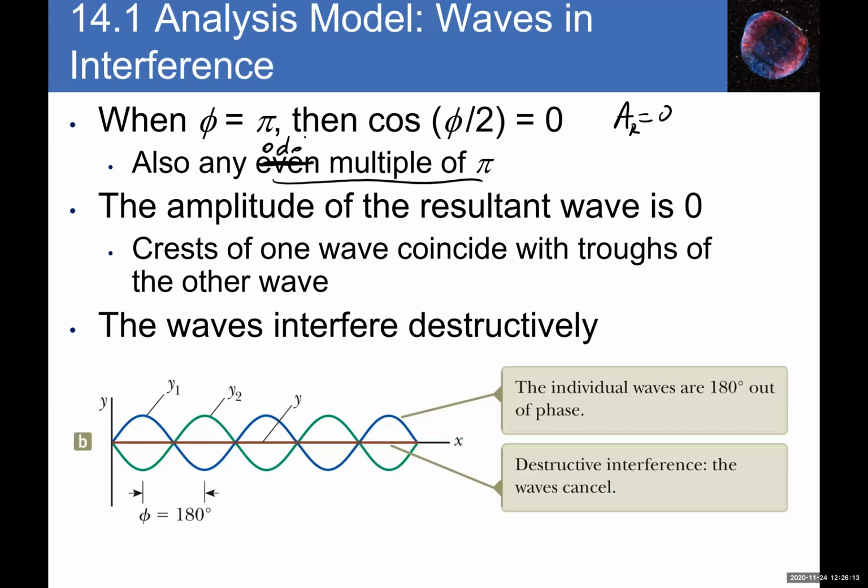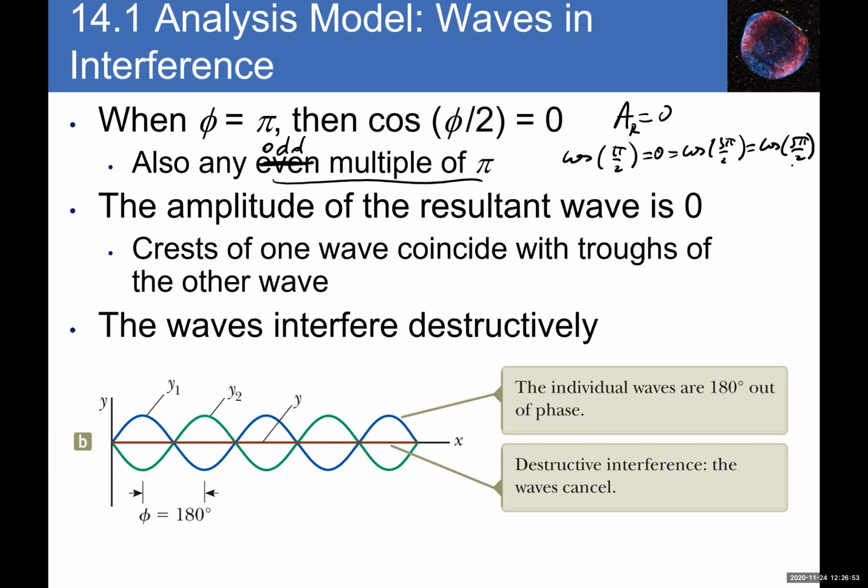So this should actually be odd multiples of pi, because if it's even, then 2 pi over 2 gives you pi, that's not equal to 0. So odd multiples of pi. For example, when phi is pi, or 3 pi, or 5 pi, you get cosine of phi over 2 equals 0, because cosine of pi over 2 equals 0, same as cosine of 3 pi over 2, same as cosine of 5 pi over 2, and so on.